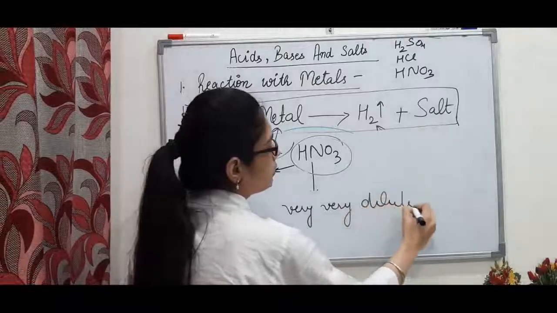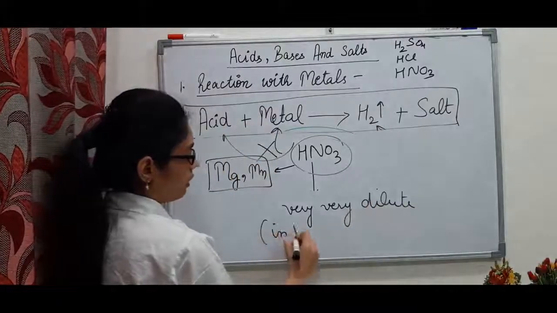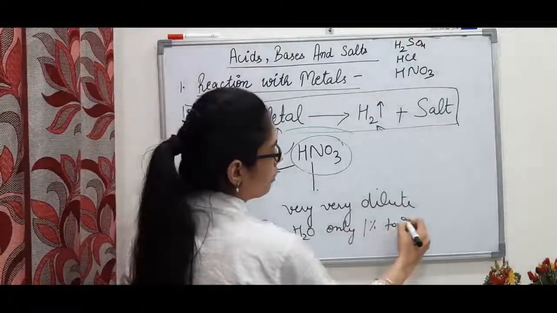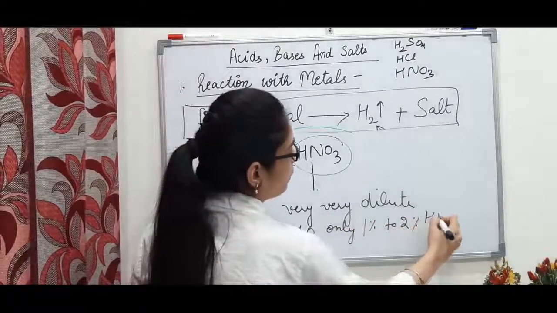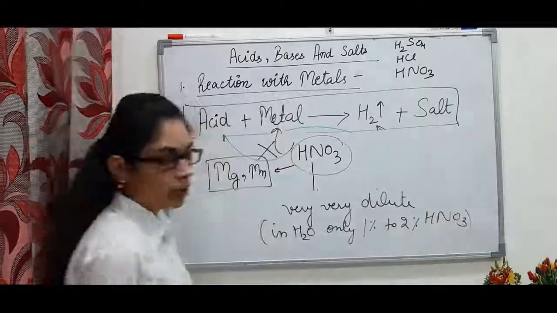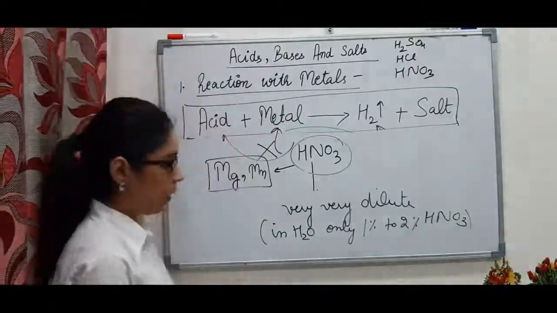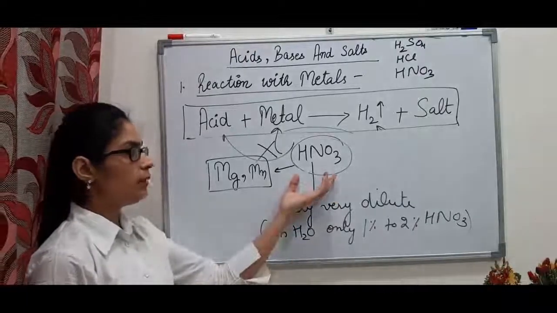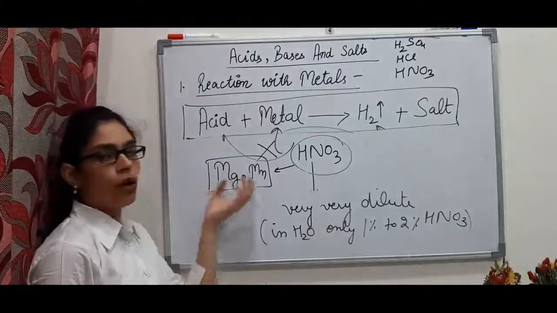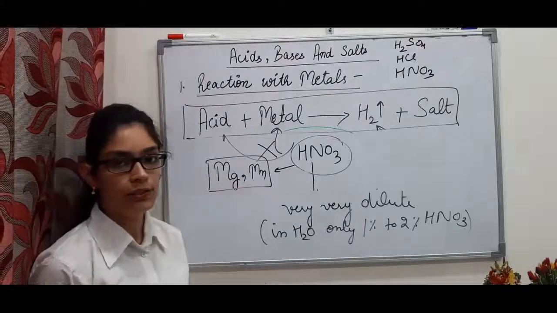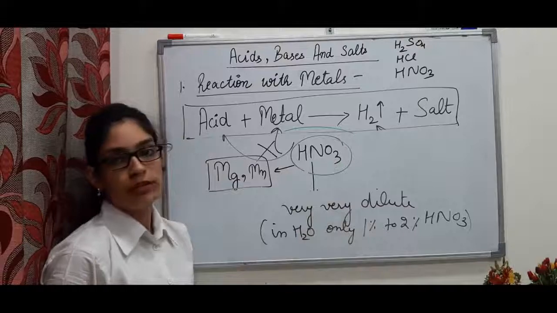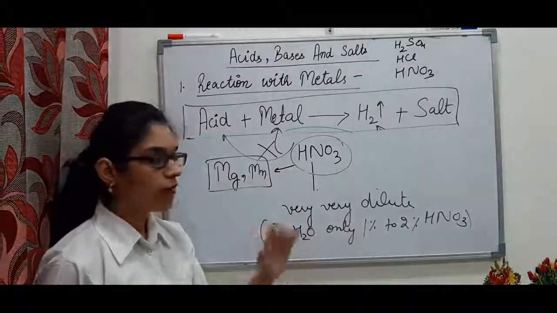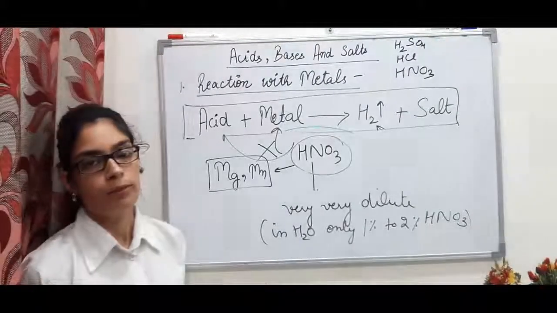Very dilute means in water only 1 to 2% of HNO3 should be present. So now if you get asked how this reaction is possible, you can say this reaction is possible only with manganese or magnesium, and with the condition that HNO3 should be in very dilute form, which means it should be only 1 to 2% in water.